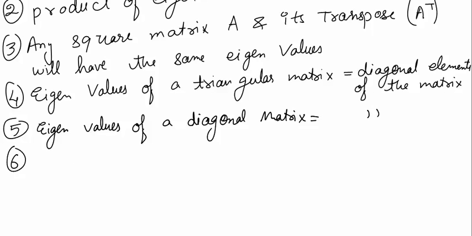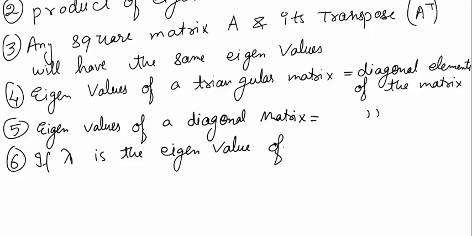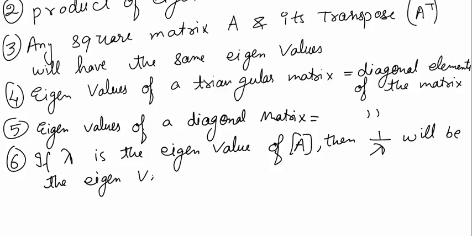Similarly, we can form one more property which says that if lambda is the eigenvalue of matrix A, then 1 by lambda will be the eigenvalue of A inverse.